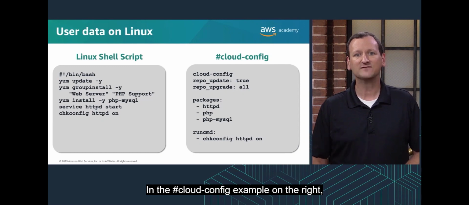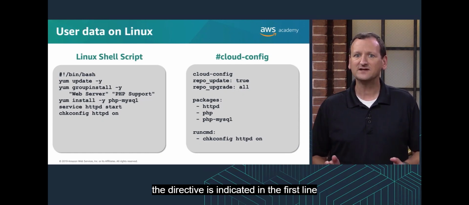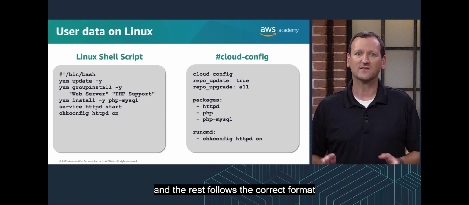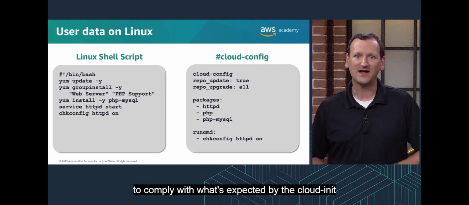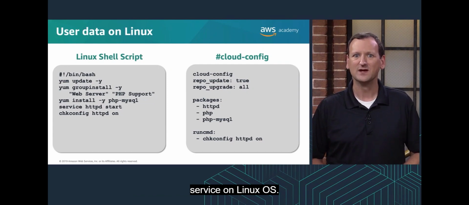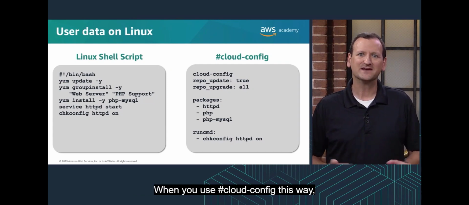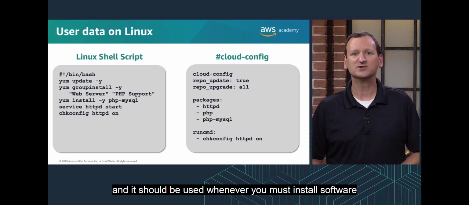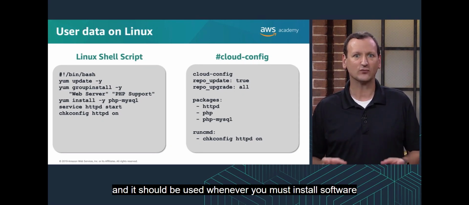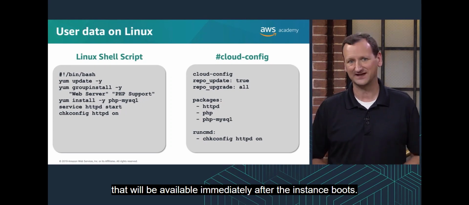In the cloud config example on the right, the directive is indicated in the first line and the rest follows the correct format to comply with what's expected by the Cloud Init service on Linux OS. When you use Cloud Config this way, it enables software to be installed when the instance is first booted, and it should be used whenever you must install software that will be available immediately after the instance boots.